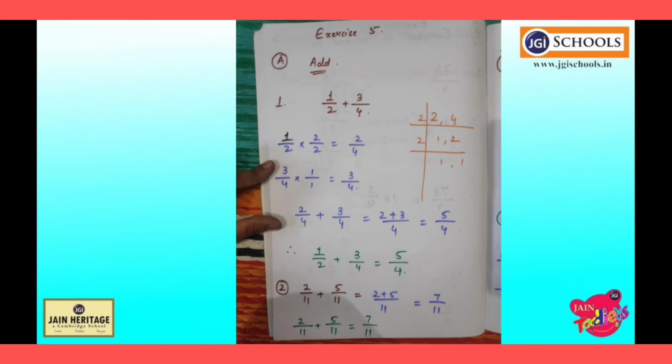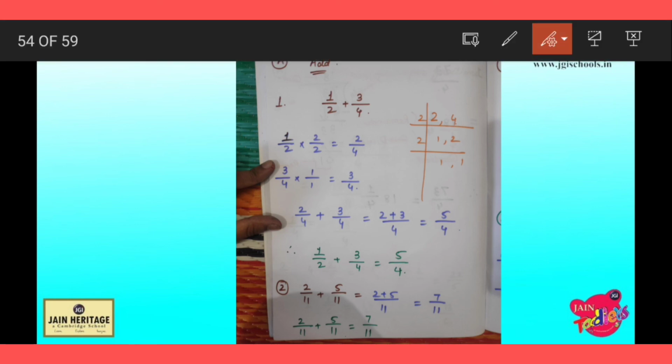In the first one, the denominator is different, that is 2 and 4. So we have taken the LCM of 2 and 4. So 4 is the LCM. Now for this 1 by 2, you have to multiply by 2 by 2. 4 divided by 2 will be 2, no? So we are multiplying in the numerator and denominator by 2.